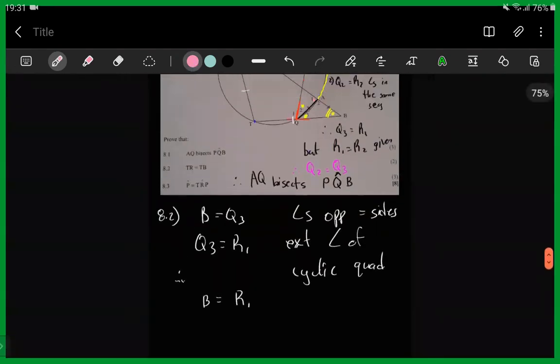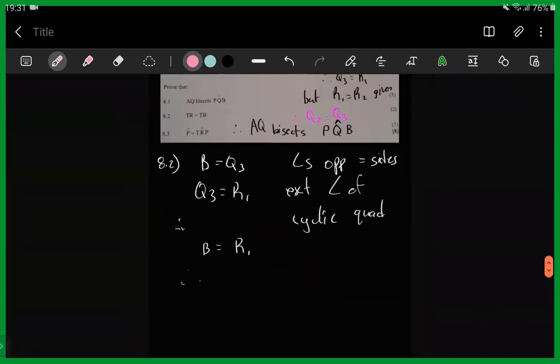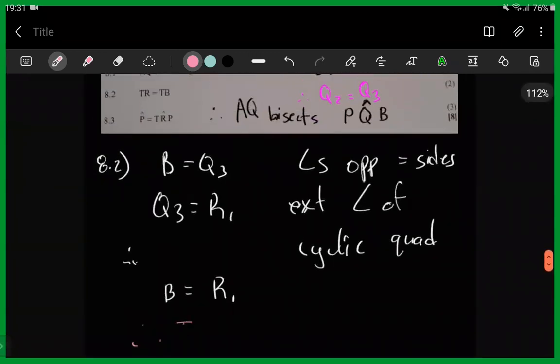Since these are equal, we can say therefore, TR equals TB. The reason is sides opposite equal angles.